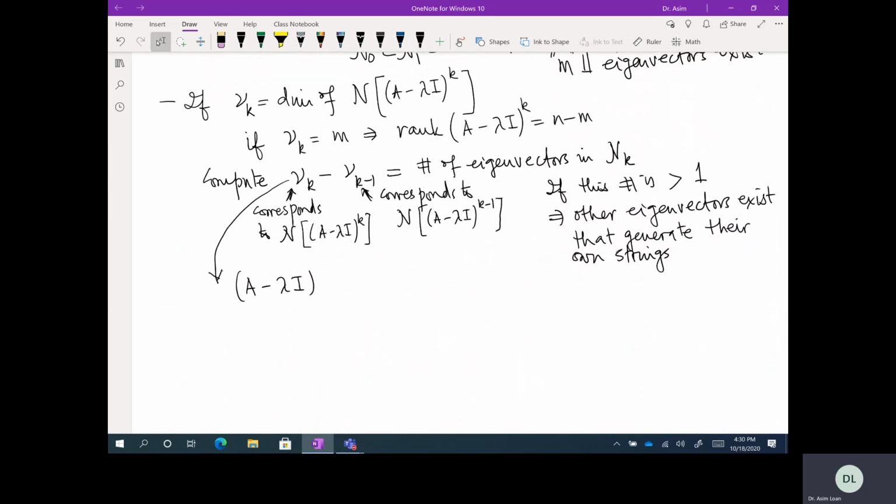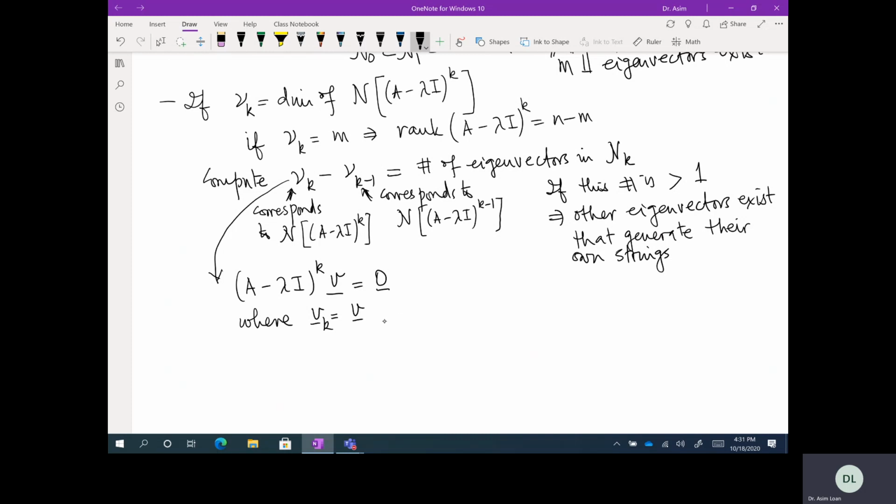So (A minus lambda I)^k times some u or v, whatever you want to call it, is 0. This implies, where uk or vk, maybe we just say v, where vk equals v.